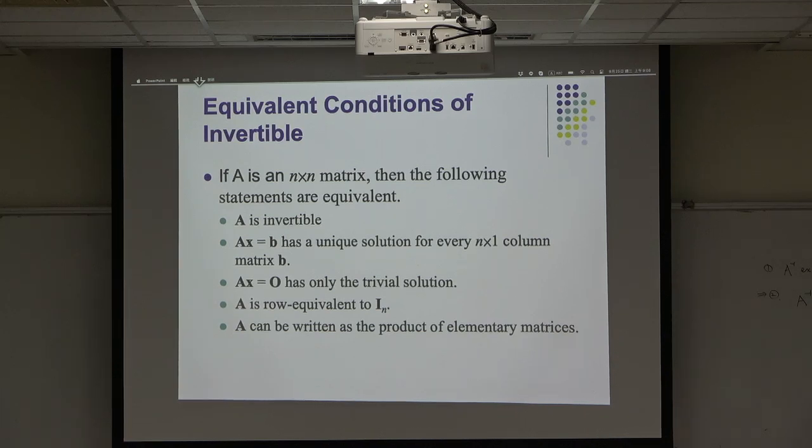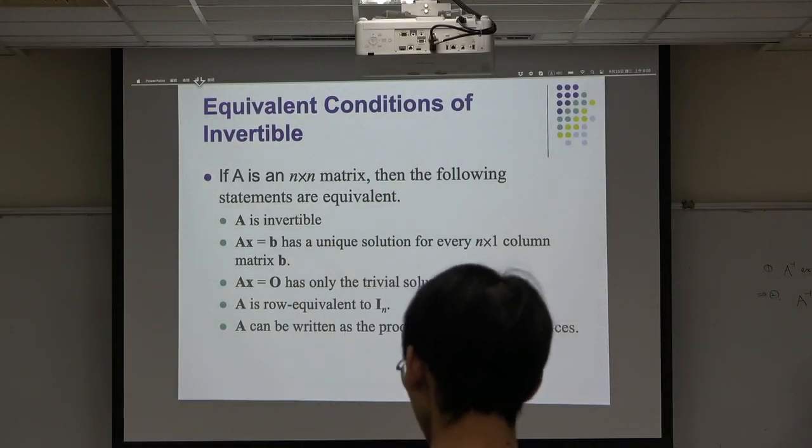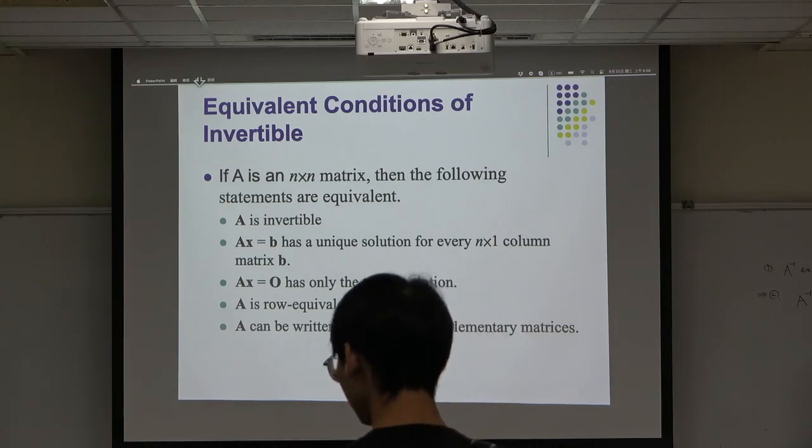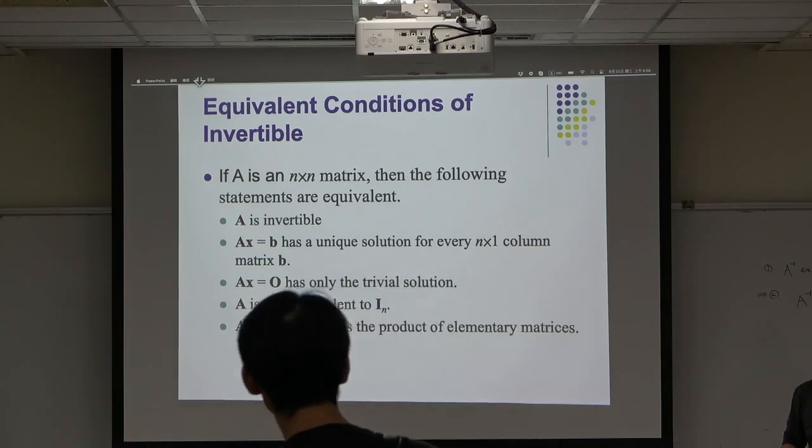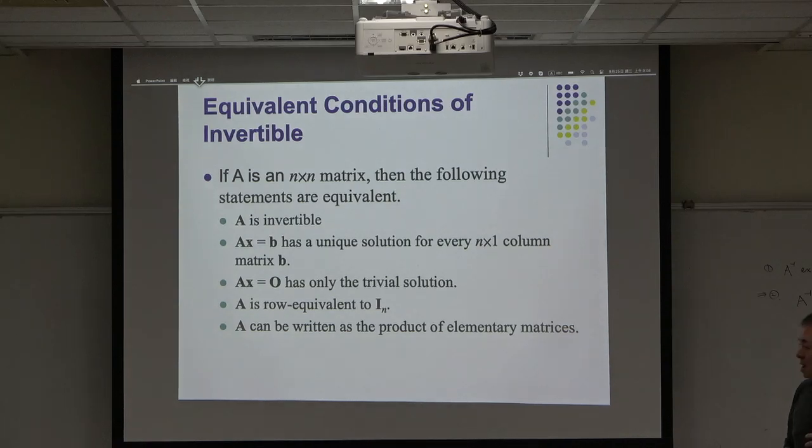Basically, we multiply A inverse on both sides. This will get us X equal to A inverse times B. This is an indication that a unique solution exists for this system of linear equations, right? So from 1 to 2, that's easy.